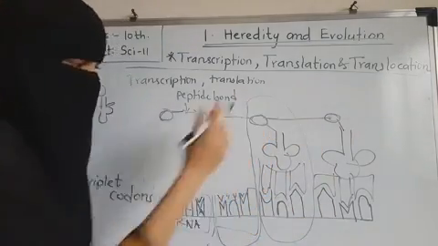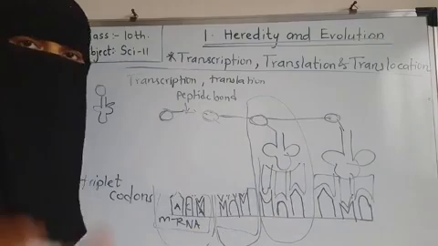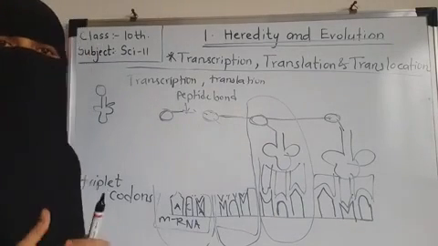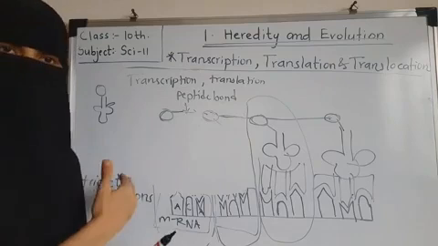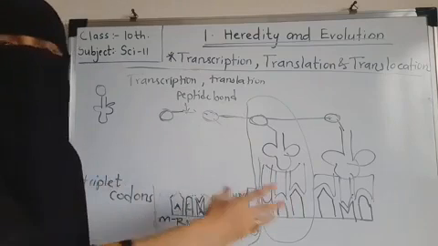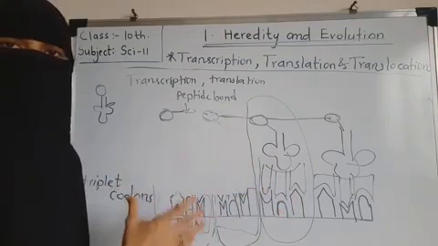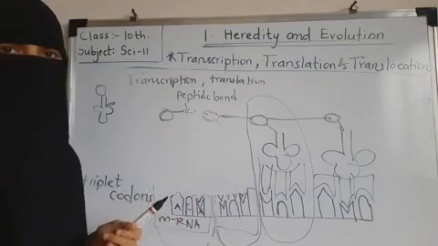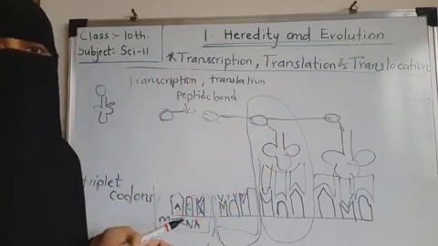Like this, it keeps on shifting ahead one triplet codon at a time. So the ribosome keeps moving from one end of the messenger RNA to the other, and this process is called translocation. This was the third step. So now the amino acid chain is formed, that is protein.